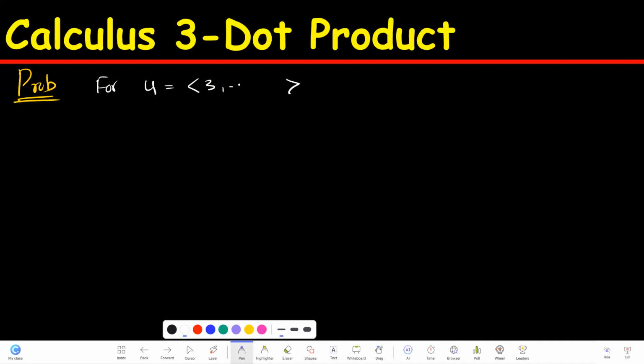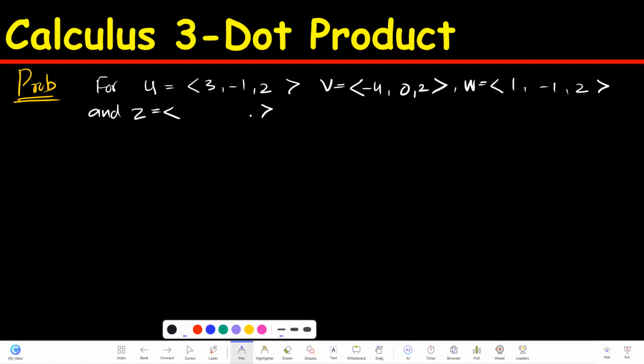So u equals (3, -1, 2), v equals (-4, 0, 2), and w equals, I have three vectors given, (1, -1, ...), and z equals (..., 2). So we have four vectors, and all four vectors are in three-dimensional format.